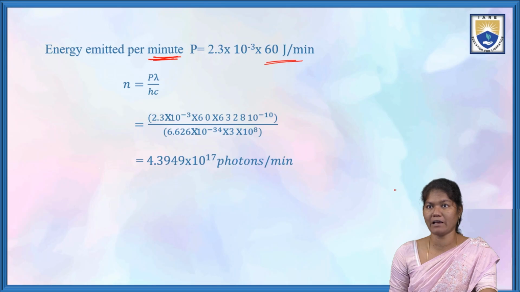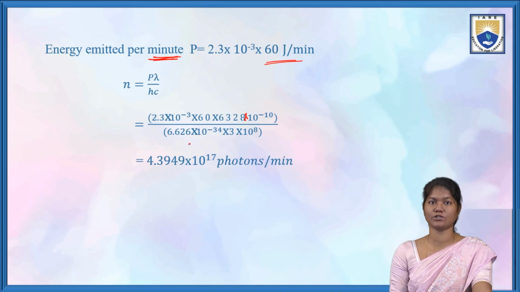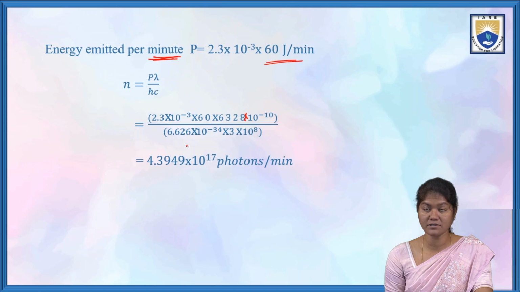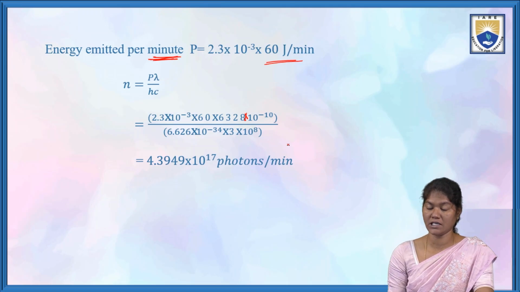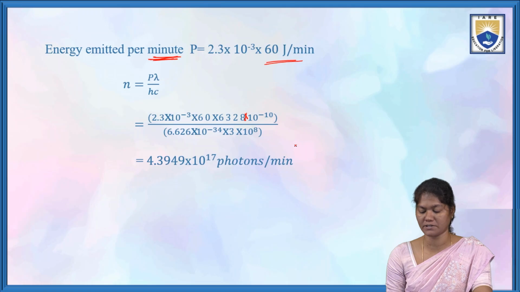N is equal to P lambda by hc, where P is per minute as they have asked in the problem. So 2.3 into 10 power minus 3 into 60 into lambda, 6328 into 10 power minus 10, divided by h, Planck's constant 6.626 into 10 power minus 34, into c, the velocity of light, 3 into 10 power 8 meters per second.